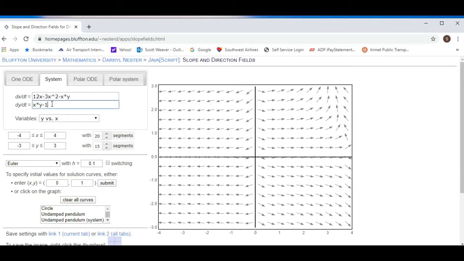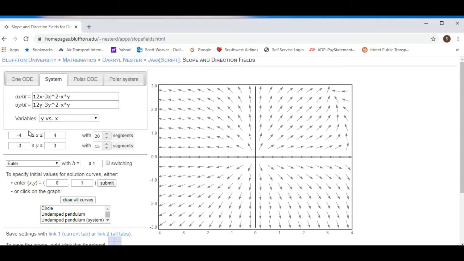Put in the times on the xy. And then here, same thing, but 12y minus 3y squared minus x times y. Alright, and here specifically we are going to want to zoom this out a little bit because our critical points go out as far as 4.